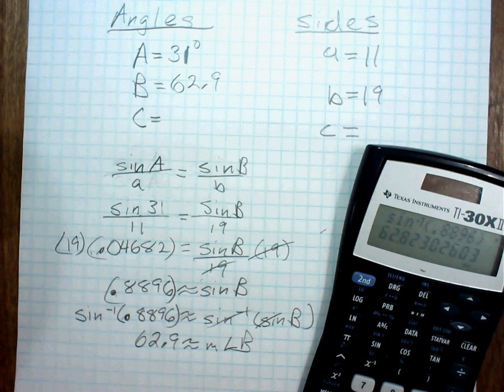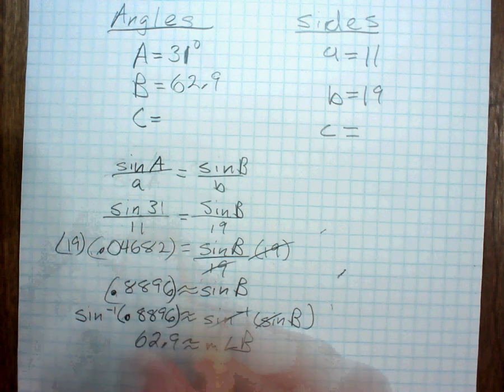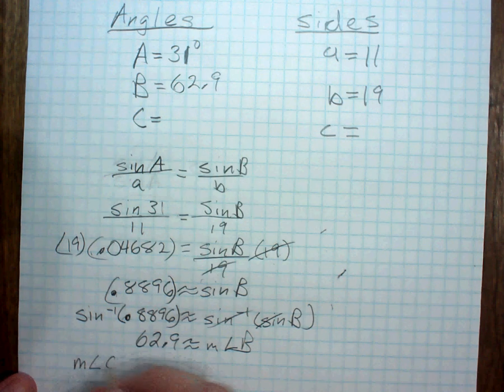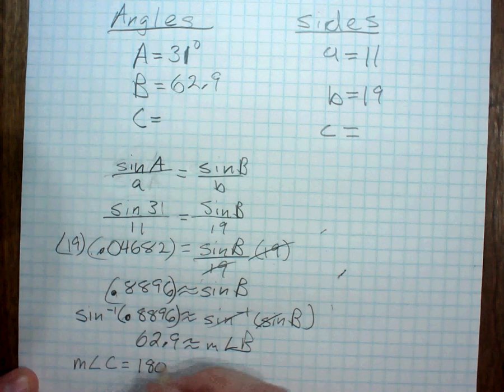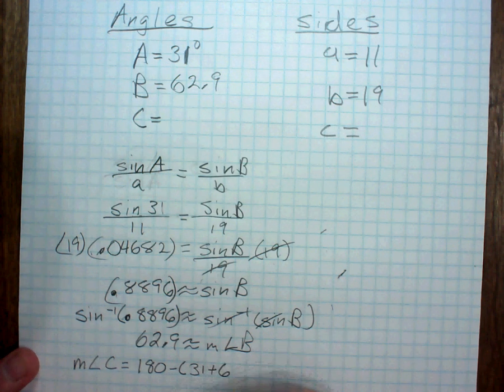Approximately, okay? And then to find the last angle, measure C, remember that the measure for angle C is equal to 180 minus the sum of 31 plus 62.9.